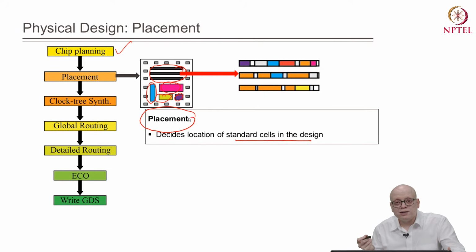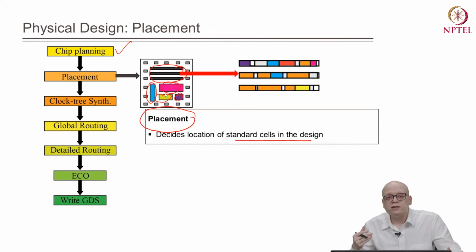We may tweak a little bit of the placement when we find some violation, but typically the locations of the standard cells are handled by the EDA tools or the physical design tools. While for the placement of macros, a lot of human intervention can be made, because a human eye can see by experience that probably this is not a very good location, and therefore perturb that location of the macro, and maybe we can come up with a better solution than machine generated floor planning or placement of macros.